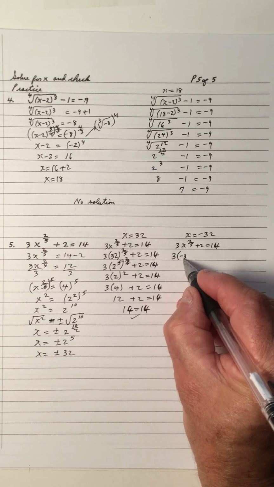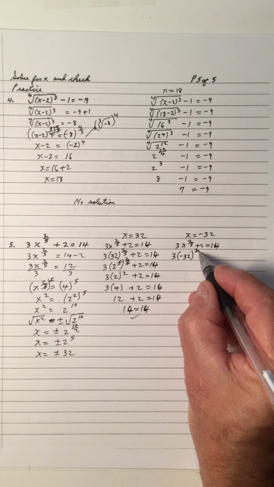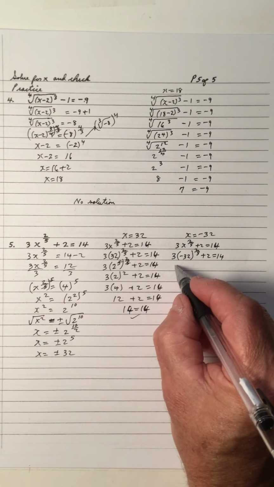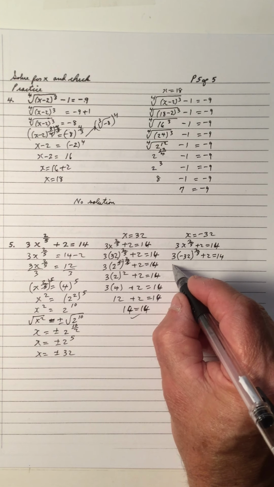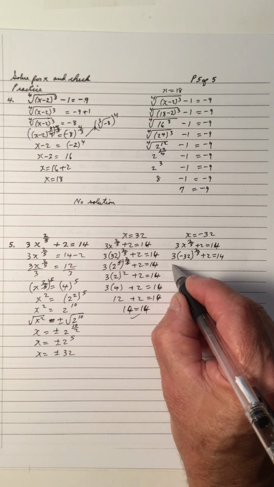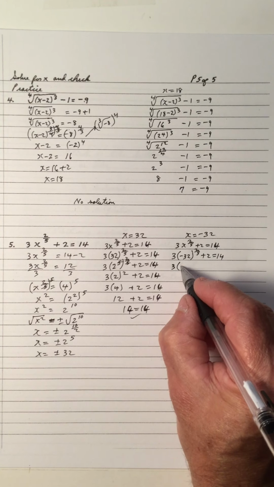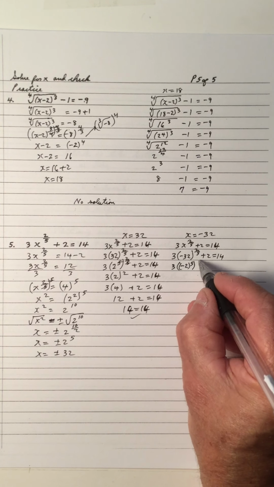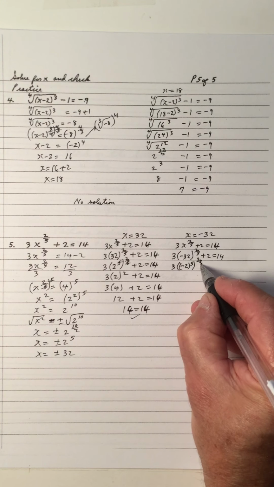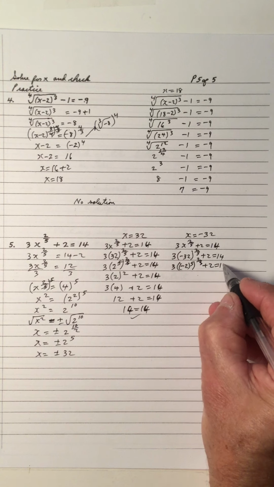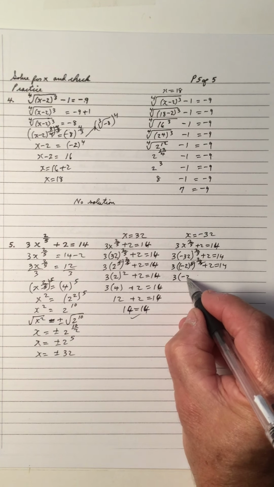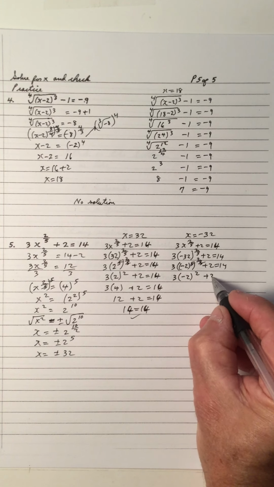So negative 32 to the 2/5 plus 2 is 14. And 32 is a negative 2 to the 5th power to the 2/5. The 5's cancel, so I get 3 negative 2 squared.